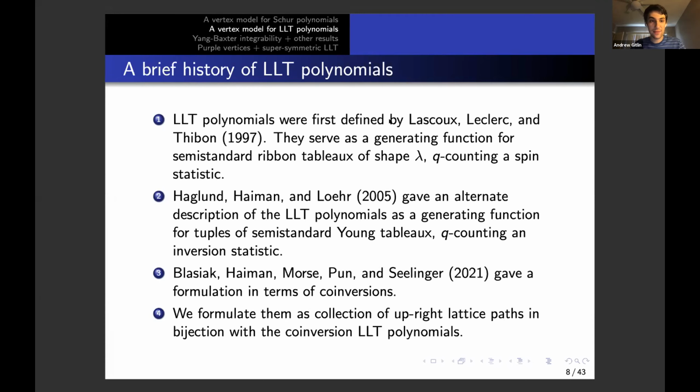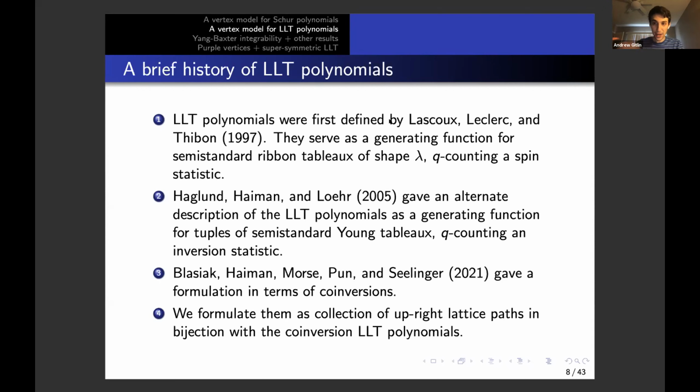In 2005, Haglund, Haiman, and Loehr gave an alternative definition where you think of the LLT polynomials as a generating function for tuples of semi-standard Young tableaux, and you q-count an inversion statistic. More recently, a tweak to that definition is to count co-inversions instead of inversions.